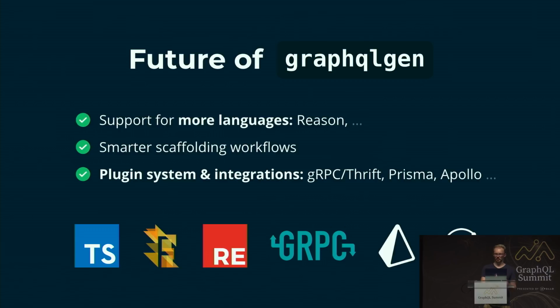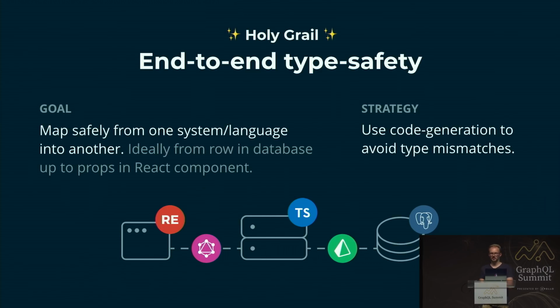So the last thing I would like to talk about is what I see as the holy grail for modern developers, which is the idea of end-to-end type safety. Especially in the GraphQL space, we've seen, I think, a couple of talks about why that's interesting.